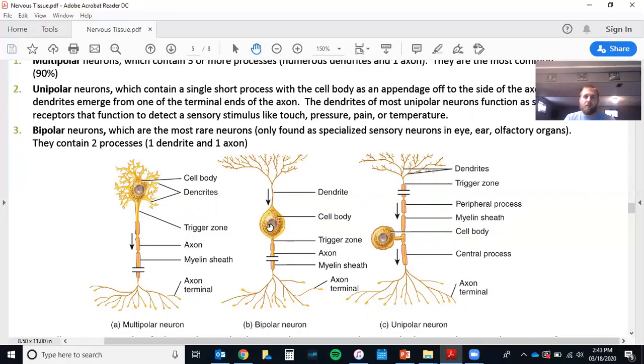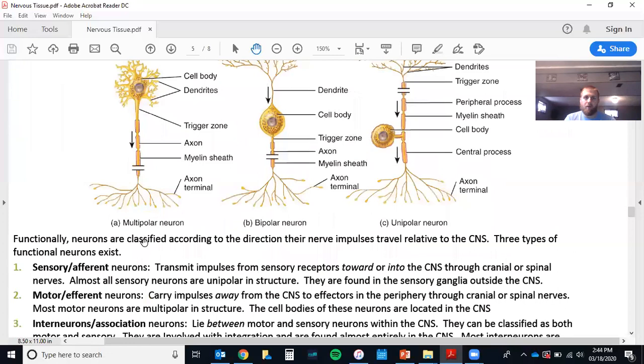So if you've ever heard of rods and cones, they are this type of neuron. There's even neurons in our eyes called bipolar neurons that are also obviously bipolar in structure. So we don't call them rare as in some people have them and others don't. They're rare just because there's not a whole lot of them in our body compared to what we call the unipolar, and by far away the multipolar.